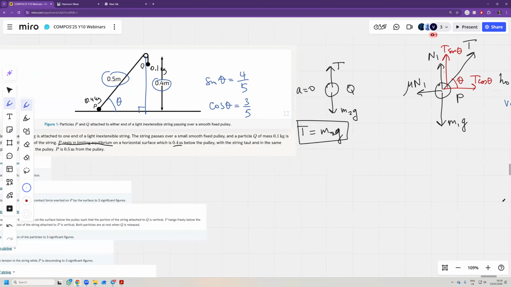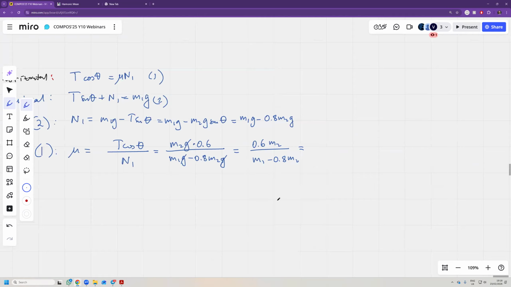M2 is 0.1, and M1 is 0.4. So 0.6 multiplied by 0.1 divided by 0.4 minus 0.08, which is 0.06 divided by 0.32, 3/16, which is 0.1875. That's the coefficient of friction.